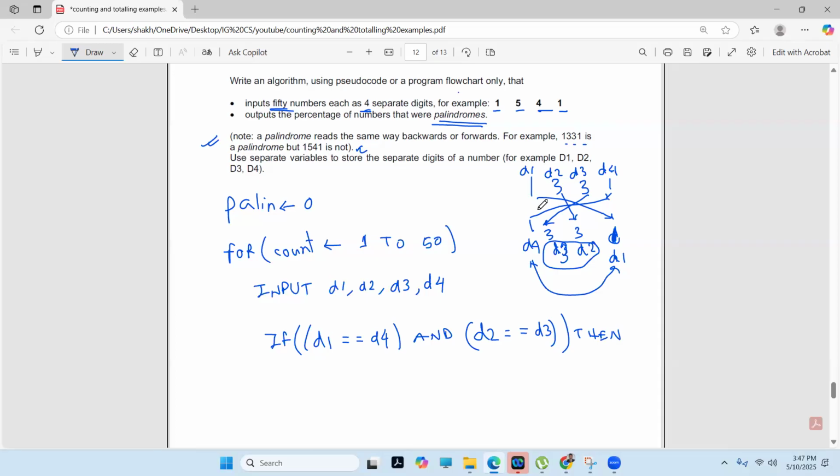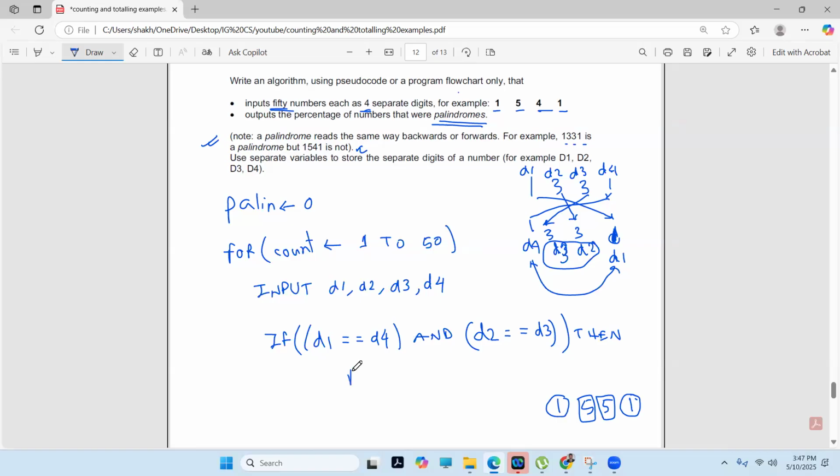D1 should be equal to D4 and D4 should be equal to D1. Like 1, 5, 5, 1. See here, D1 and D4 should be the same, and D2 and D3 should be the same. Then only it will be a palindrome.